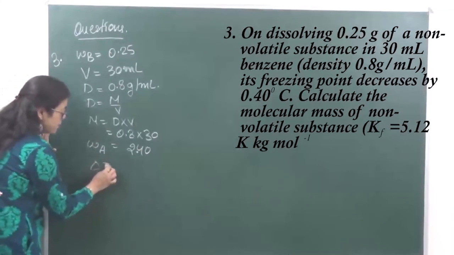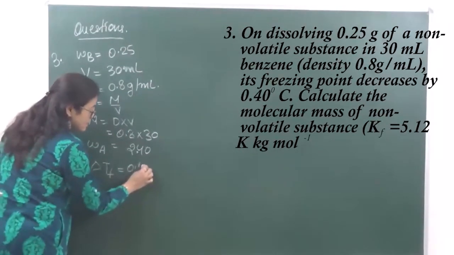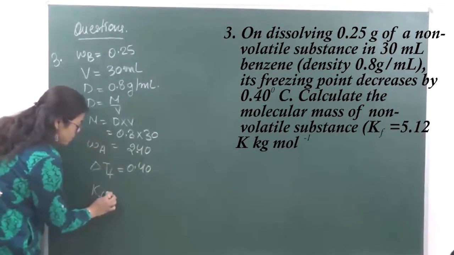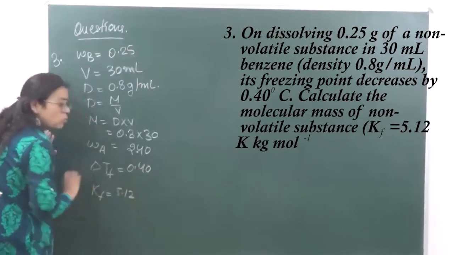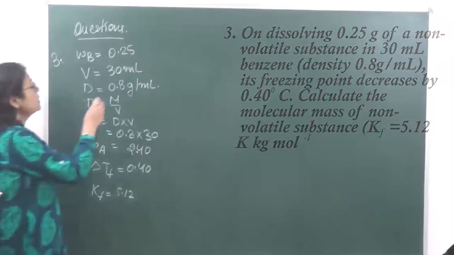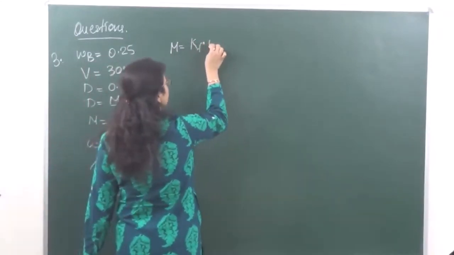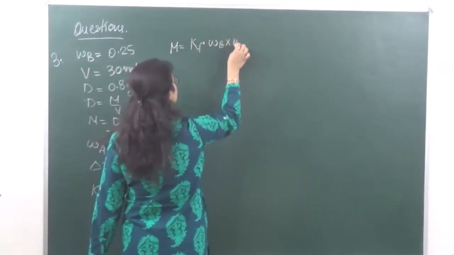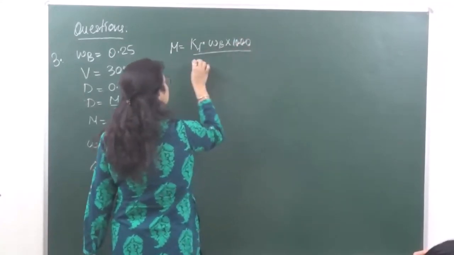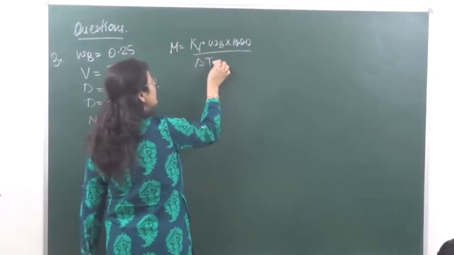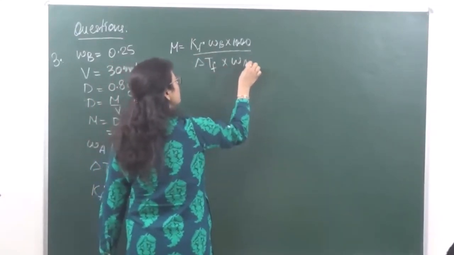So delta Tf is going to be equal to 0.40. Calculate the molecular mass of the non-volatile substance if Kf given to us is 5.12. So now you can put in the formula. M is equal to Kf into Wb into 1000 upon delta Tf into Wa.